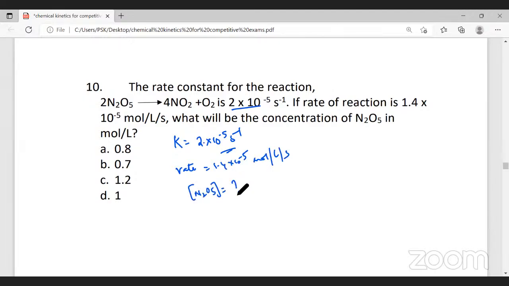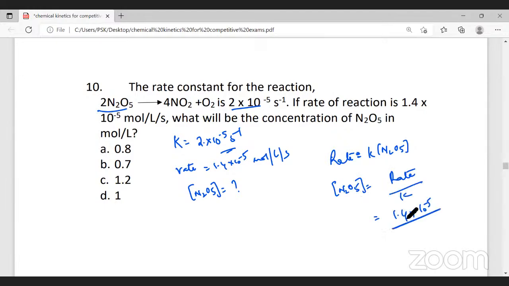Now, as per the reaction, we can write rate is equal to K into concentration of N2O5. Correct? Concentration of N2O5 will be rate by K. Rate is 1.4 into 10 to the power minus 5, rate constant is 2 into 10 to the power minus 5.